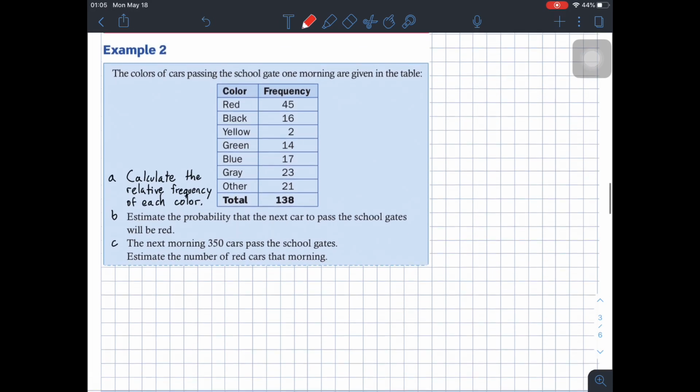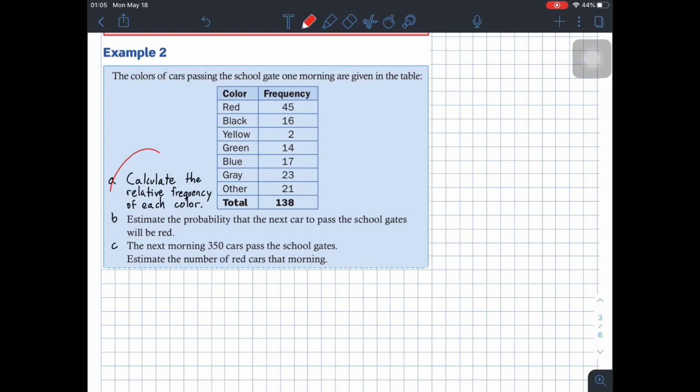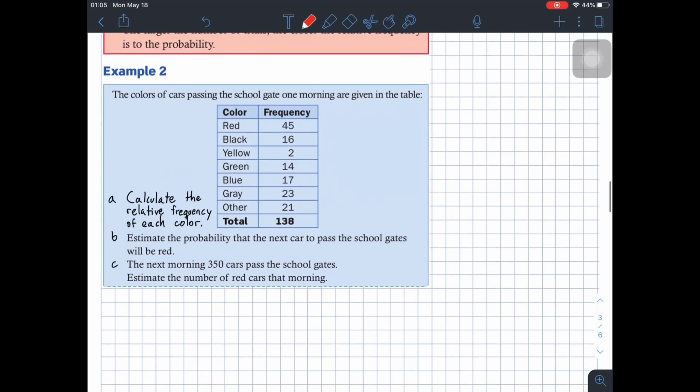So it says for part A, I added this just to show you the concept of relative frequency. It says calculate the relative frequency of each color. Okay, so I'm going to make a small column here for relative frequency.